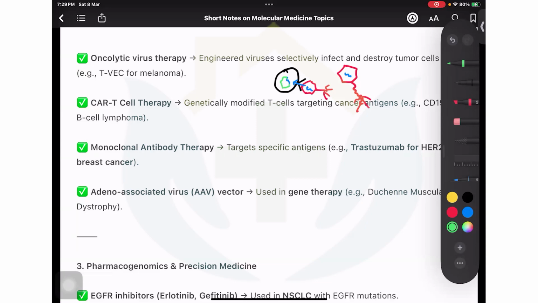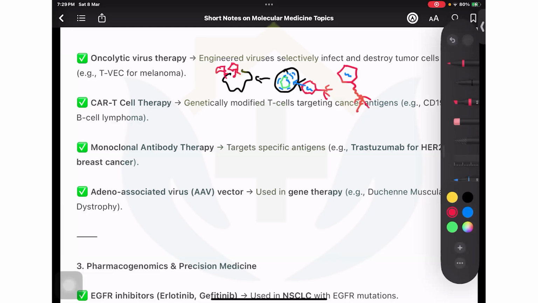Now what will happen is, this virus will ultimately make its own DNA. So it will utilize the cancer DNA to make its own DNA, until this will explode the cancer cell, releasing further copies of this virus.